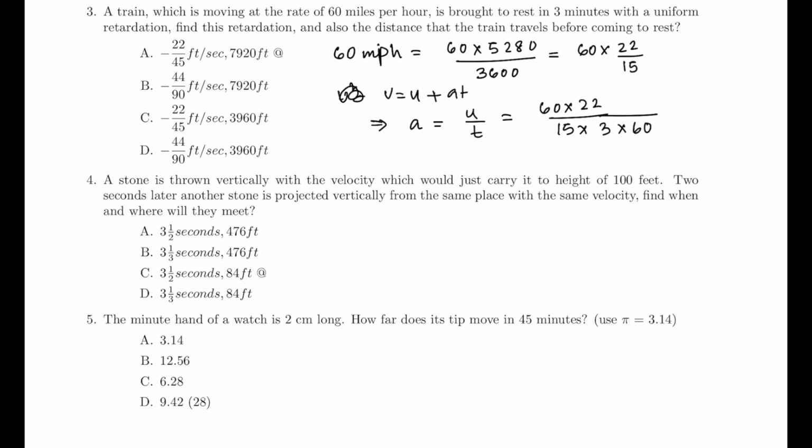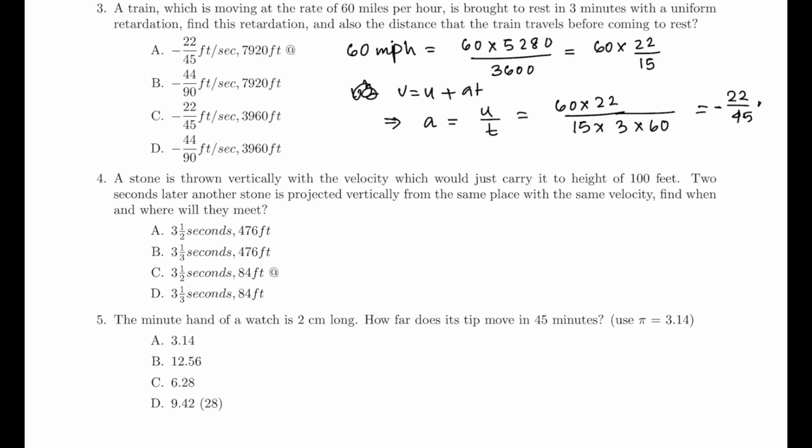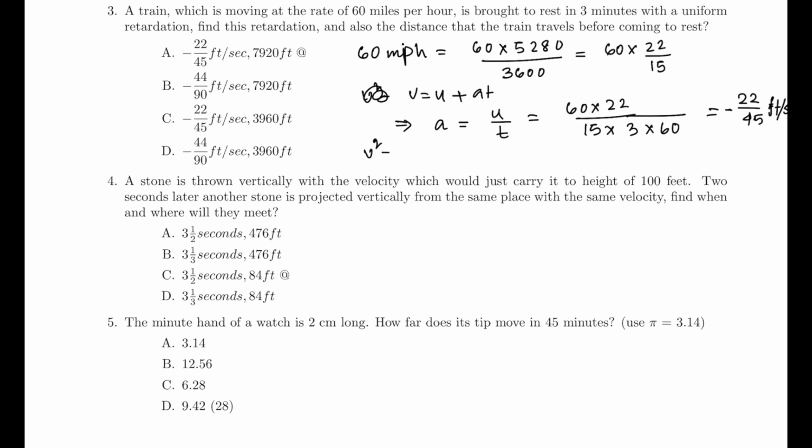So we'll have 22 by 45, and with a minus sign because it's a retardation, feet per second square, and the distance traveled can be calculated from the equation v square equals u square minus 2as, and its final velocity is 0 when it comes to rest.